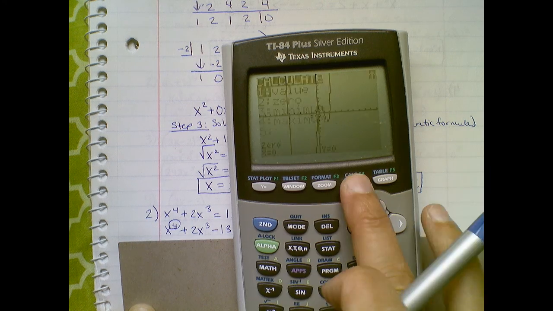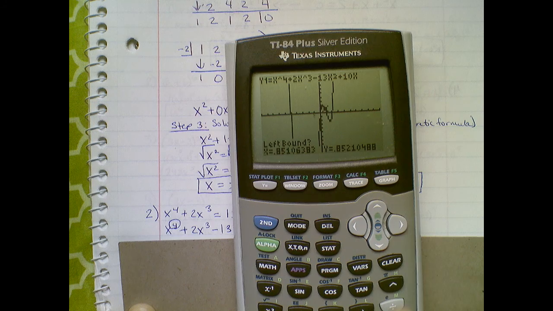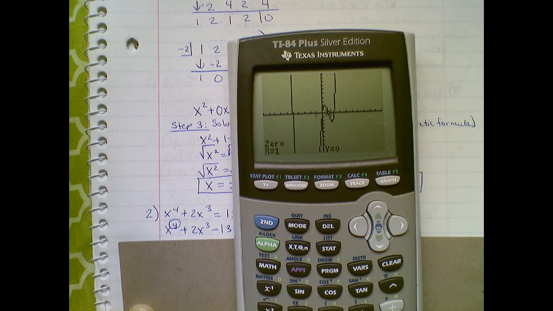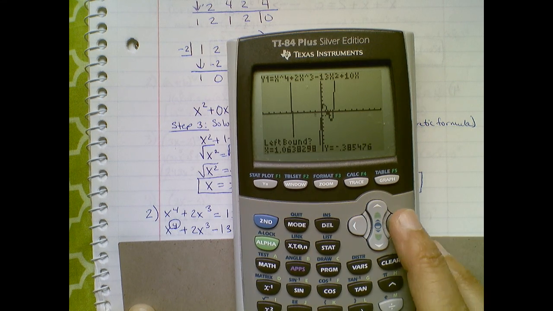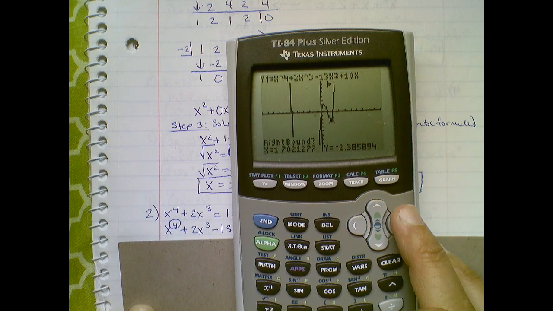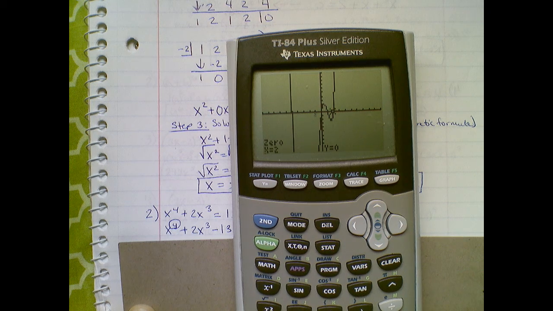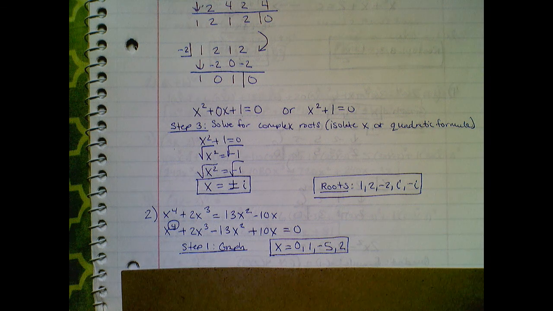Zero. And we're going to go to this next one. +1, and then we're going to go to that last one. And 2. So those are our 4 solutions, 0, 1, -5, and 2.